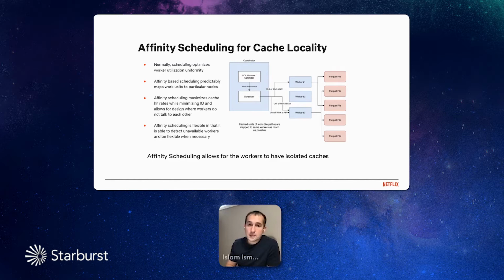So what we ended up implementing, and making more configurable, allowing either a flexible affinity scheduling policy or a harder affinity policy, is that we grab these units of work and generate a hash of each one.